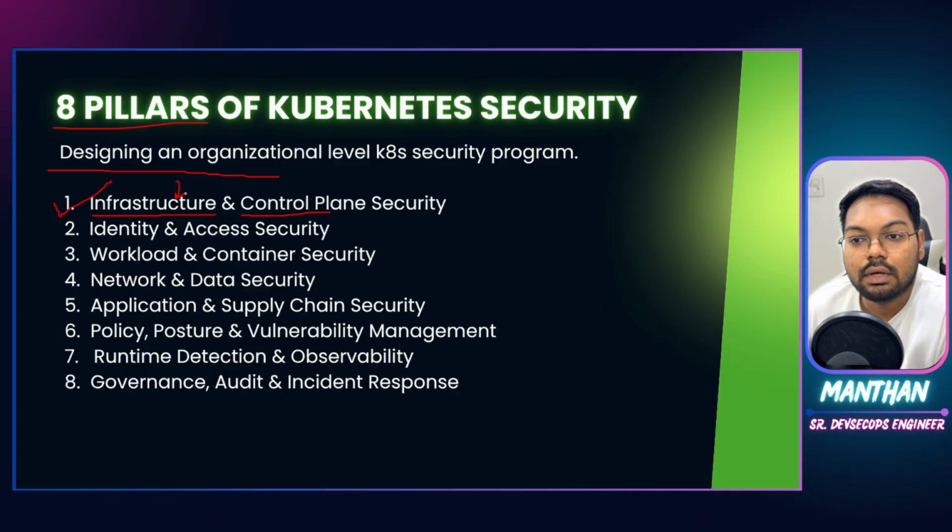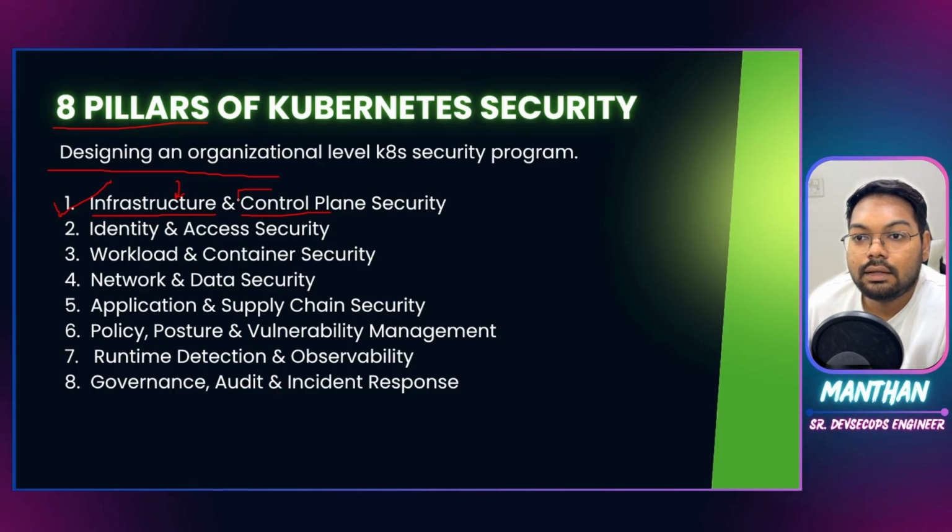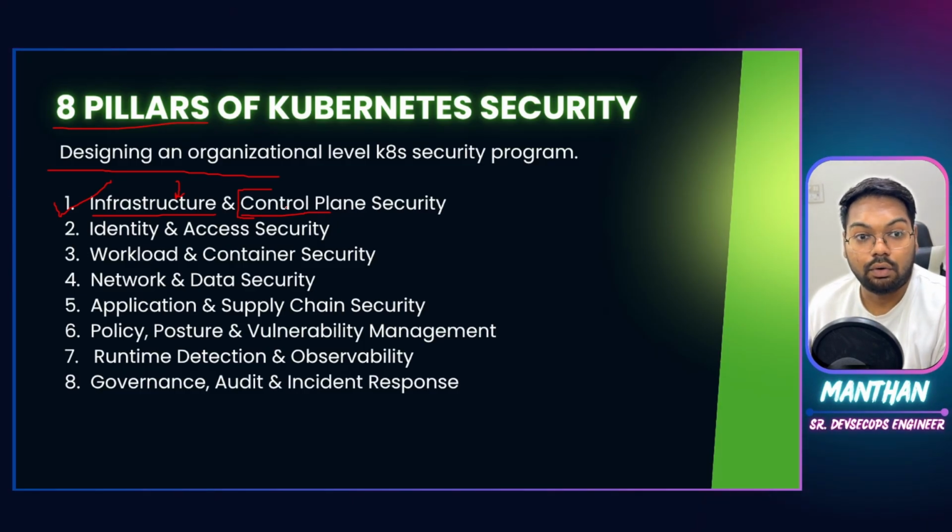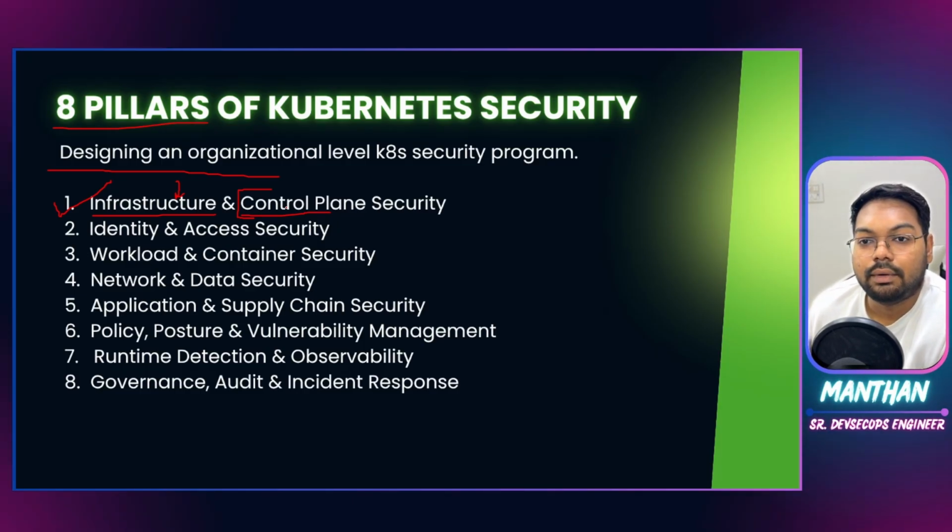DNS is also part of that. So how do we secure that entire infrastructure that we have built for our cluster to function? Then the most important thing, the control plane, which has the responsibility of managing the workloads or worker nodes. So that's one pillar.